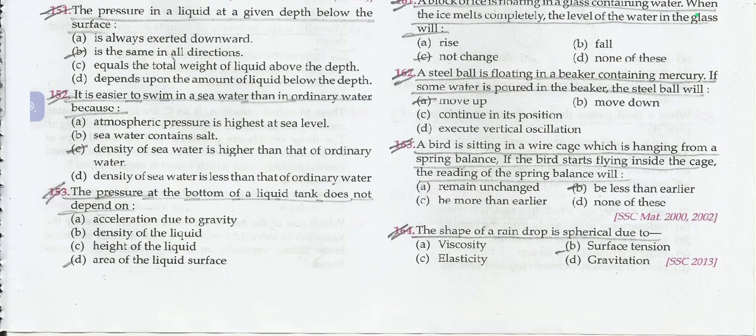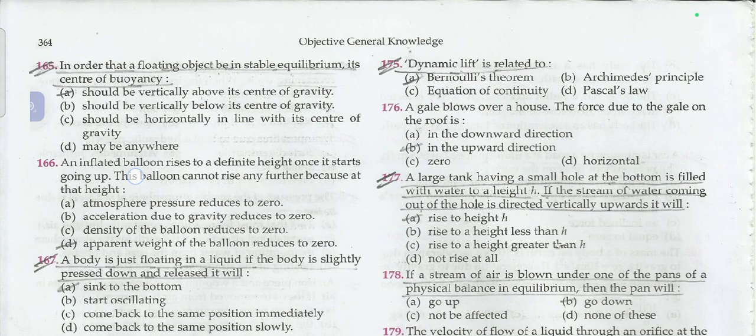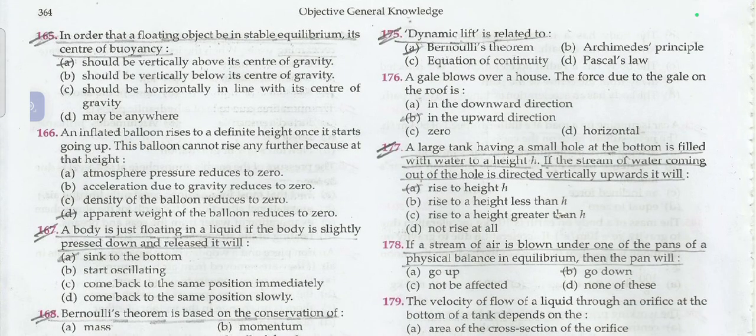The shape of a rain drop is spherical due to surface tension. In order that a floating object be in stable equilibrium, its center of buoyancy should be vertically above its center of gravity.